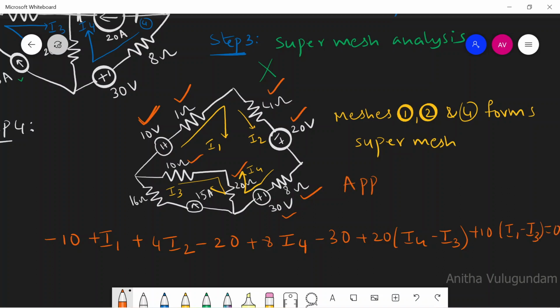I have applied KVL to the supermesh. By applying KVL to the supermesh, I have got this equation.